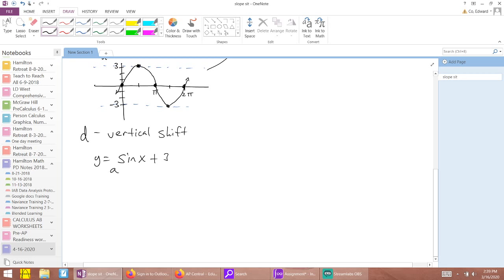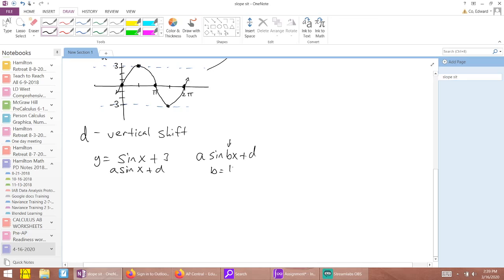Remember, this goes a sine of x plus d. Now we haven't had to deal with b and c yet, but B is actually in here already. If I wrote this as a sine of bx plus d, our b value would equal 1.